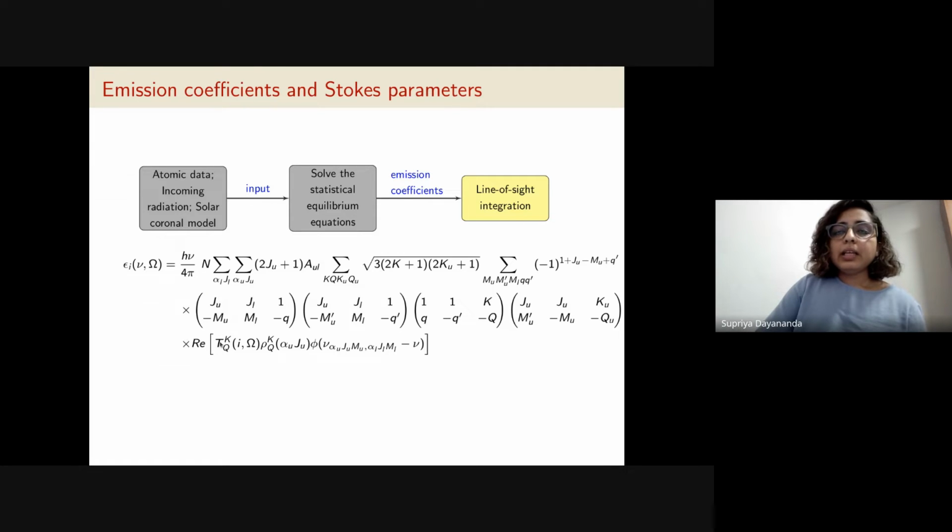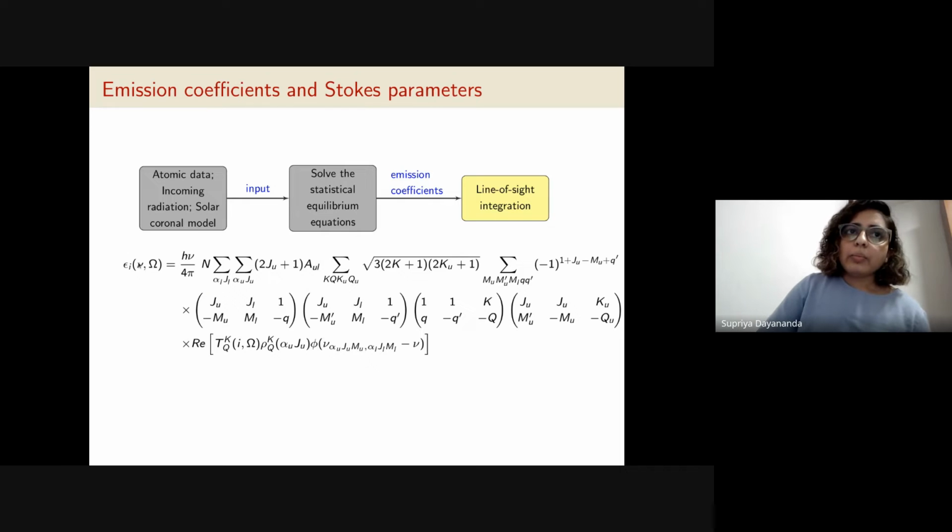The TKQs are the geometrical tensors, which contain the information about the scattering event, and rho KQs, like I said, are the atomic level information, and the profile function.